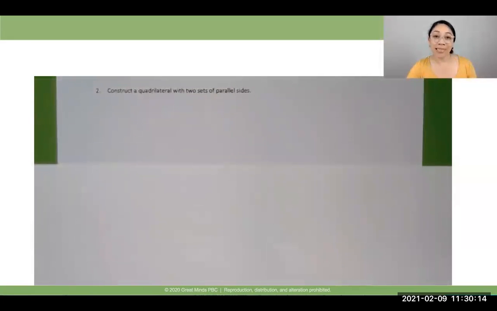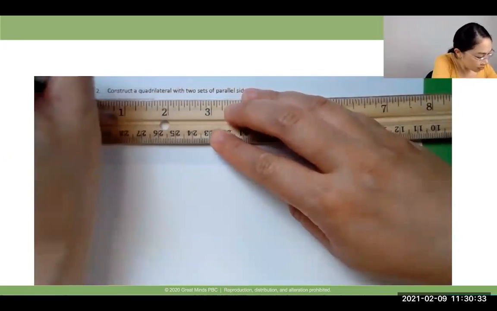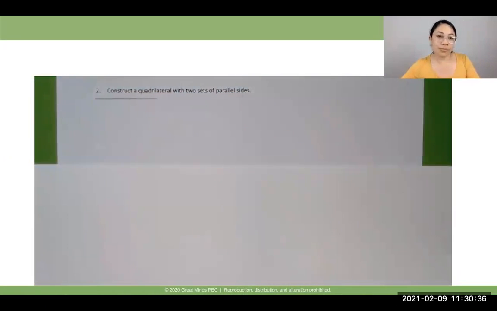Under problem 2, let's construct a quadrilateral with two sets of parallel sides. We'll start by drawing one set of parallel segments, the same way we did in problem 1. First, we draw a straight horizontal segment. Then, we use our right angle template and ruler to draw a segment parallel to that segment, just like before.